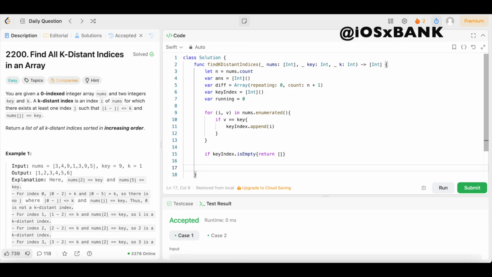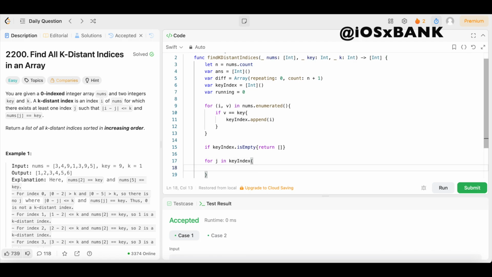Now for each key index, we need to mark a range of j minus k and j plus k in the difference array. So for that, we say for j in keyIndex, and we need to ensure the left bound is within the array.